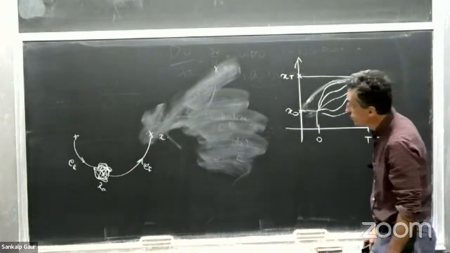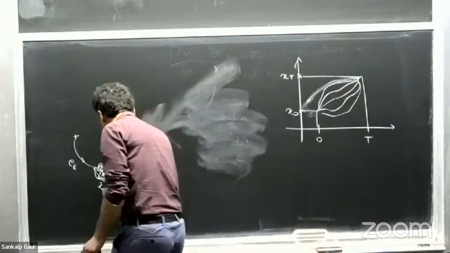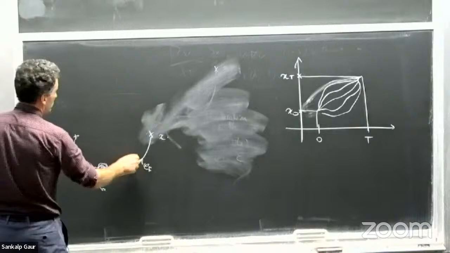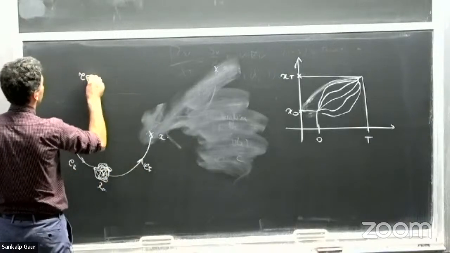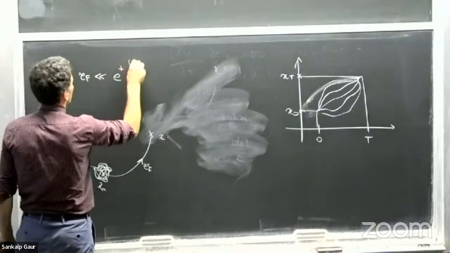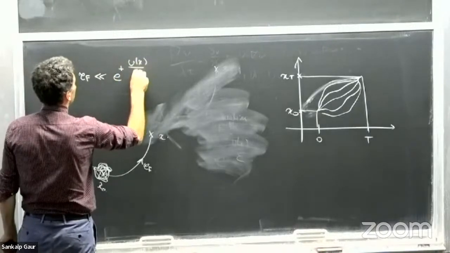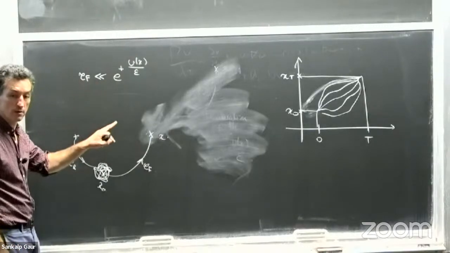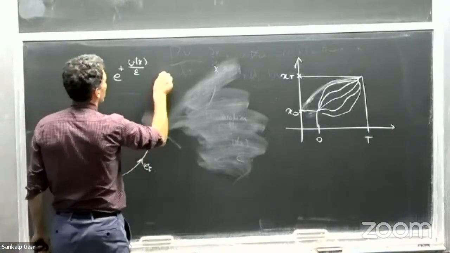Well, you have different time scales. So you have this fluctuation time, which is much smaller than exponential of plus u of x divided by epsilon, which is the typical time to see one excursion. And then you have infinite time.